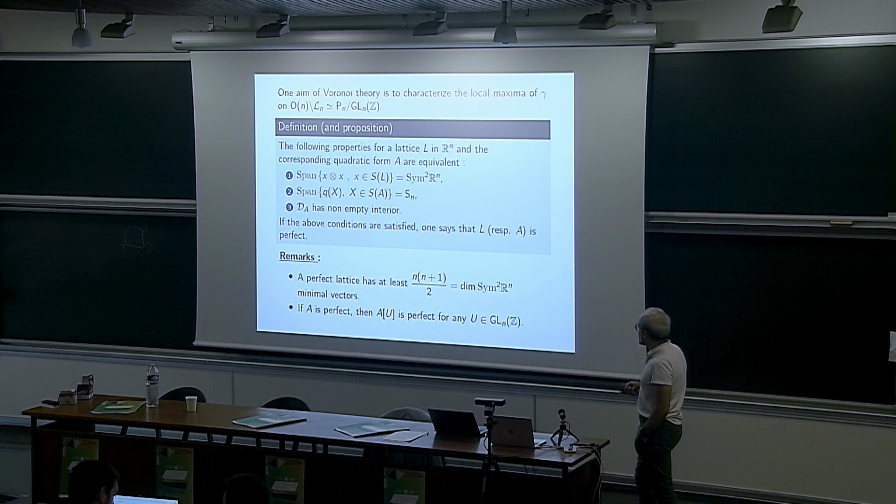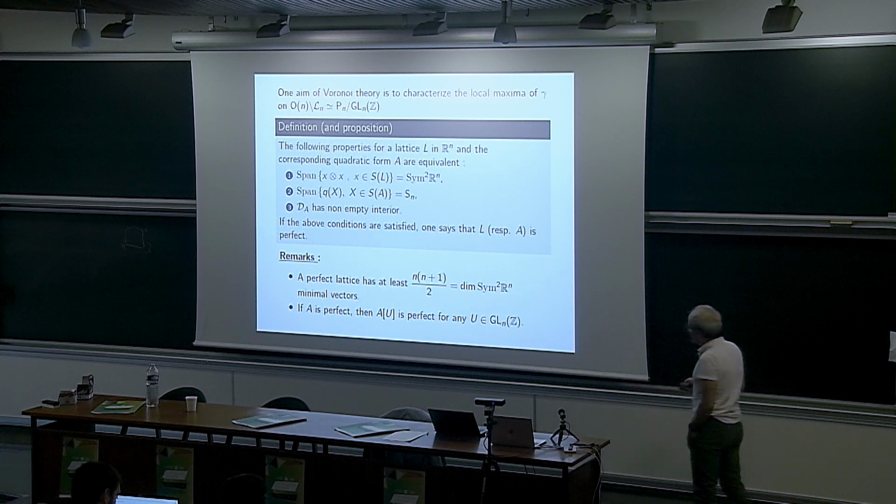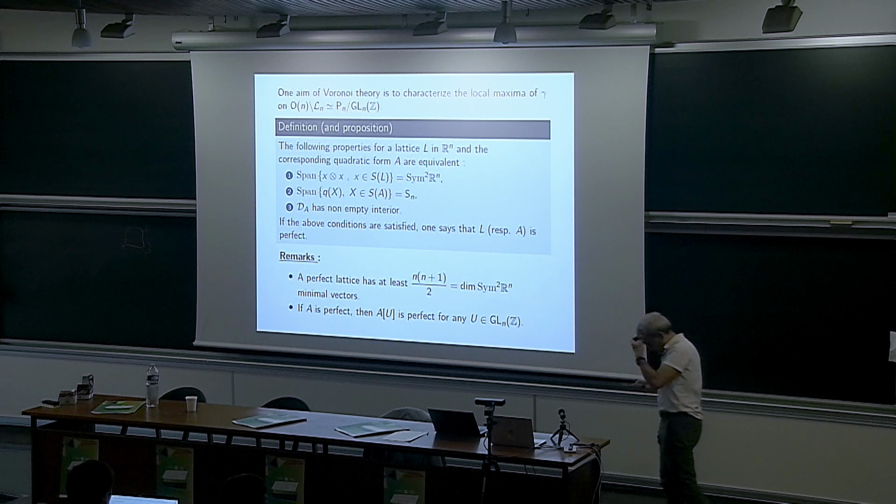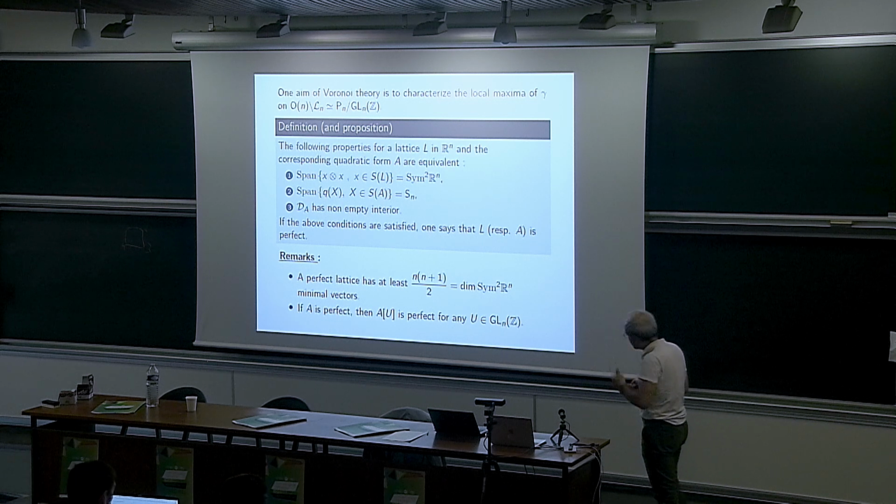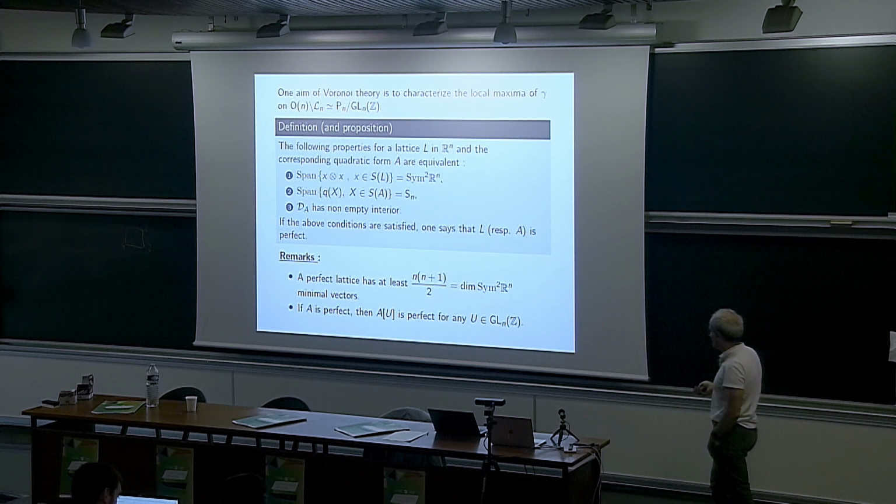An obvious but important remark is that a perfect lattice necessarily has quite a lot of minimal vectors, at least the dimension of the space of symmetric matrices. And also an important remark, which is that the notion is invariant under the action of GL_n(Z).